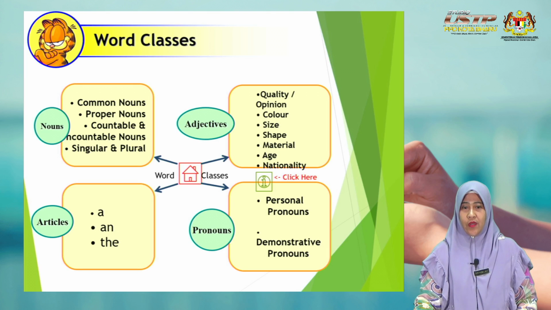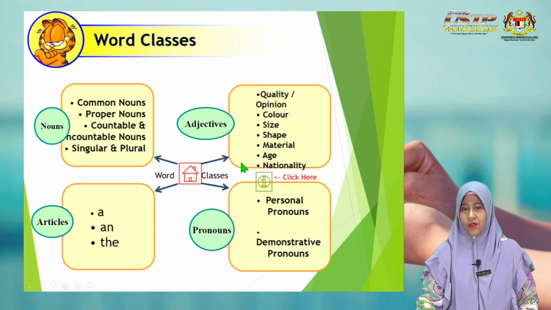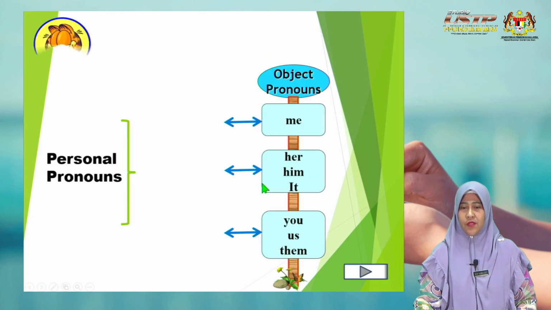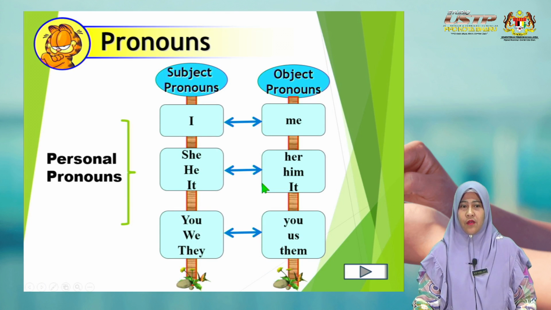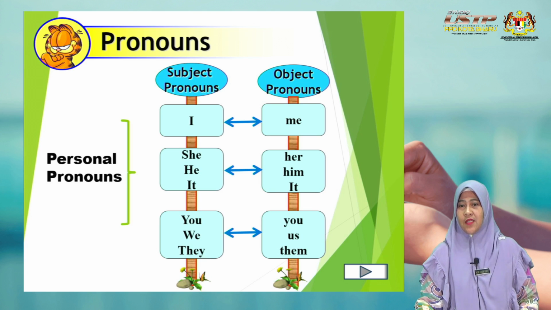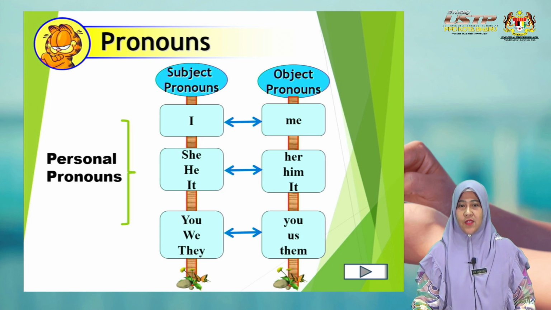Okay, finally we come to pronouns. There are two types of pronouns: personal pronouns and demonstrative pronouns. For personal pronouns, there are two categories. The first one is subject pronouns and the second one is object pronouns.